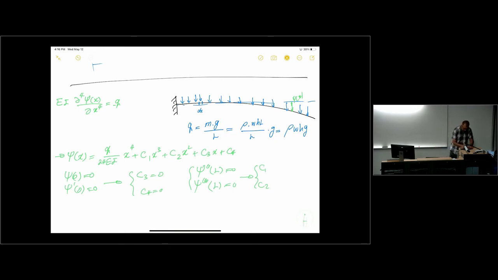Psi of x will be given by this expression.